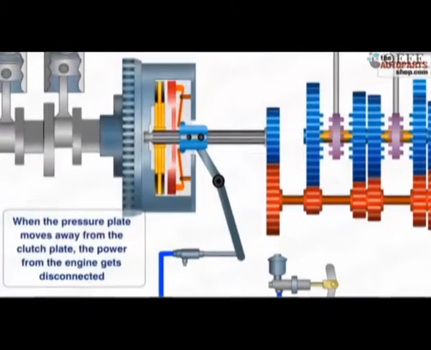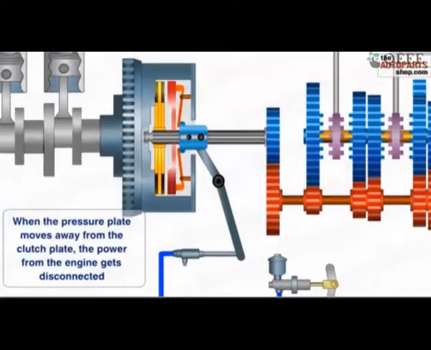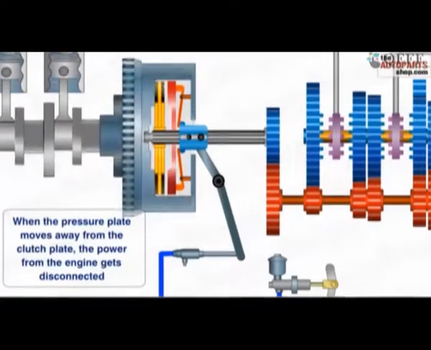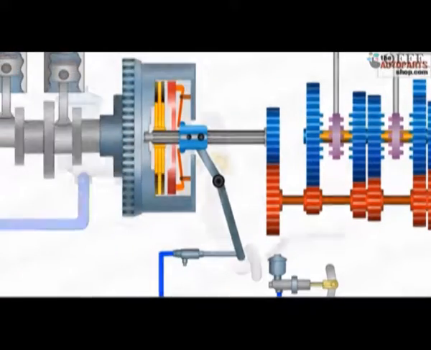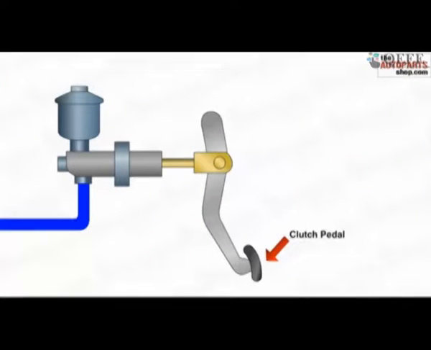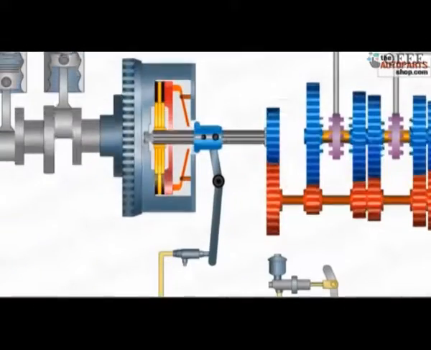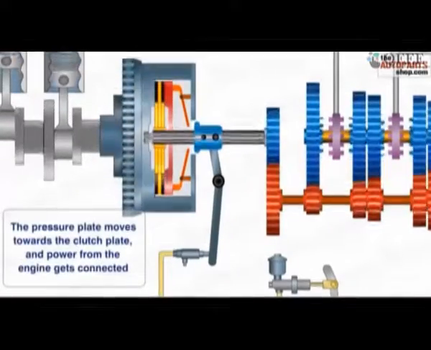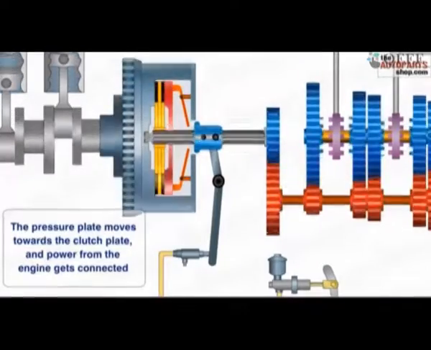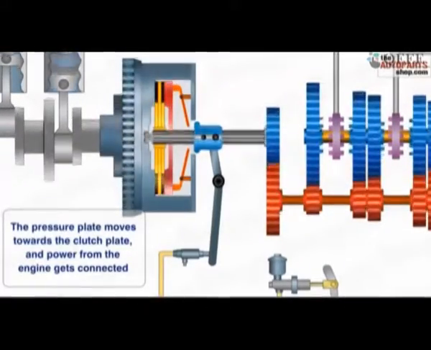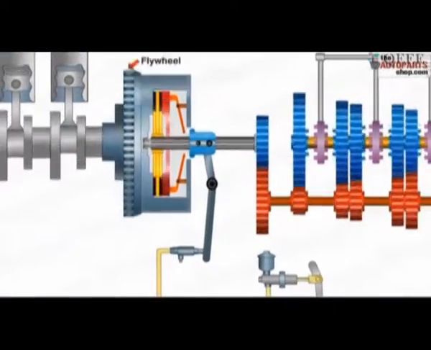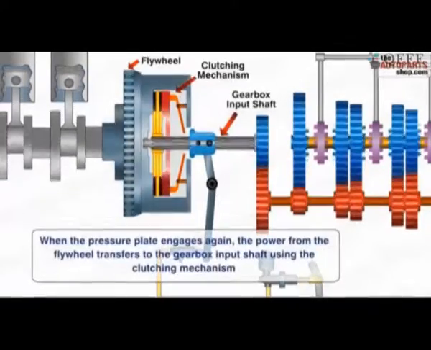So the clutch pedal is basically engaging or disengaging with the flywheel. When it is disengaged, as you see in this condition, no power is getting transmitted. And when the pedal is released, then the plate is engaged, and now you get to see that the power is getting transmitted. So all of these gears are rotating when the clutch pedal is released or the clutch plate is engaged.